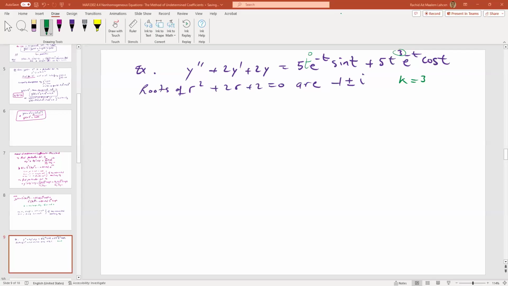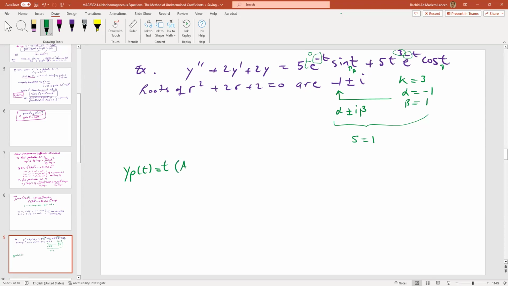Okay, what is alpha? Alpha is here. Alpha is -1. What is beta? Beta is there. Beta is 1. Let's compare it to this, which is alpha plus minus i beta, right? So yes, based on this conclusion, s equal 1. Okay, so now let's write the particular solution. So t to the power s, which is 1.